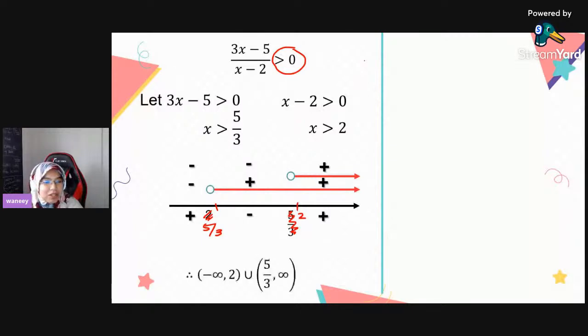So your positive region will be negative infinity up until 5 over 3, and then 2 up until infinity. So negative infinity until 5 over 3 union with 2 up until infinity.